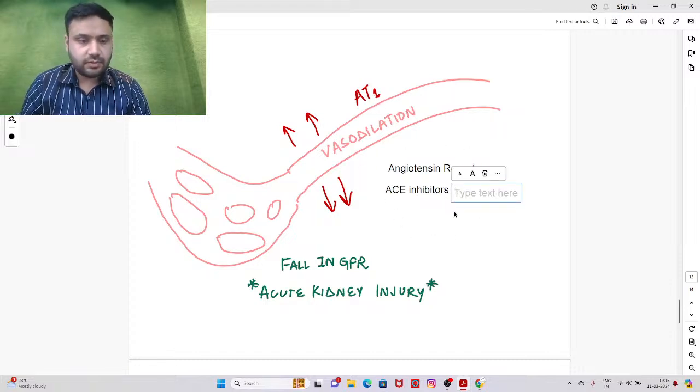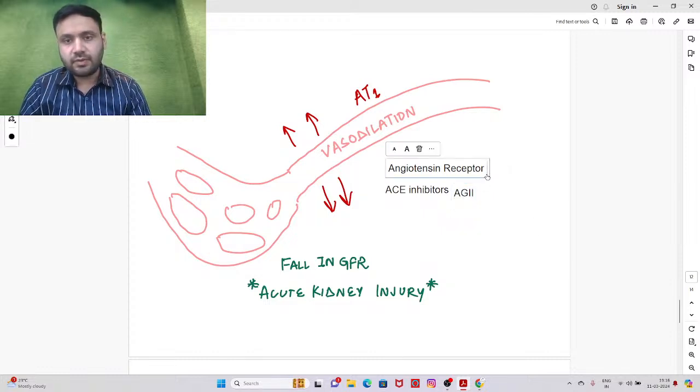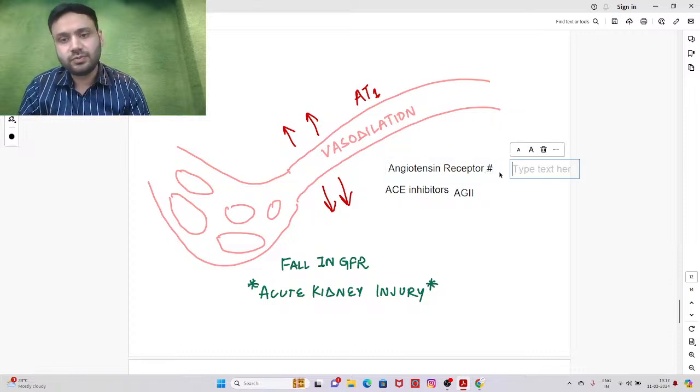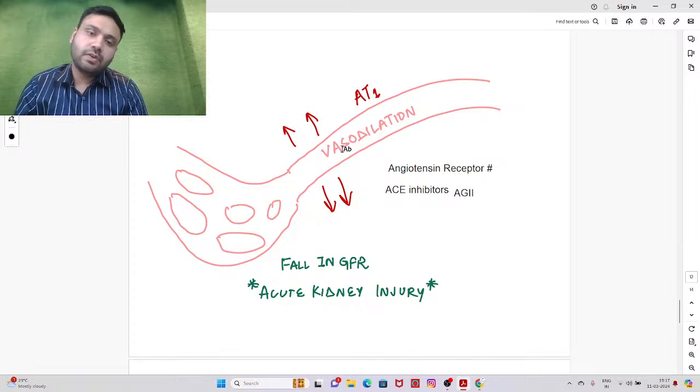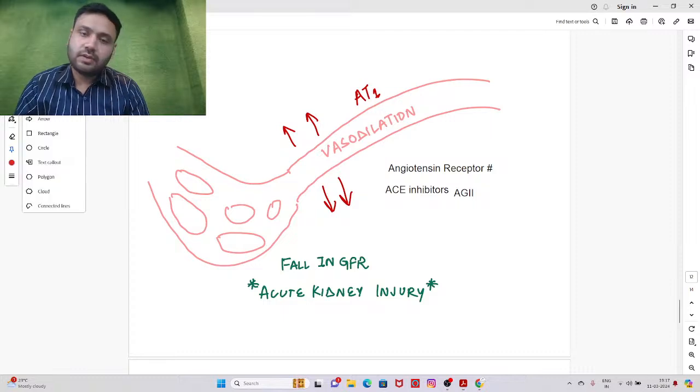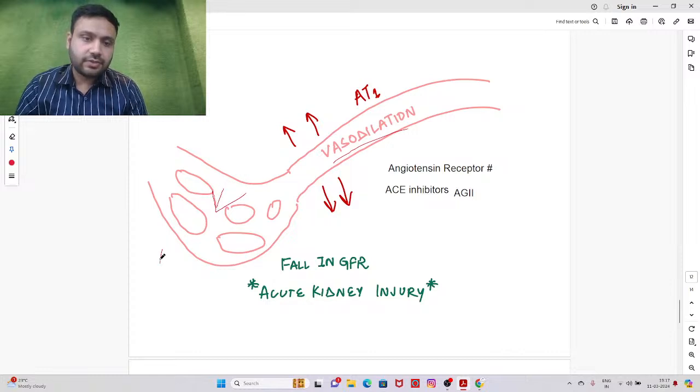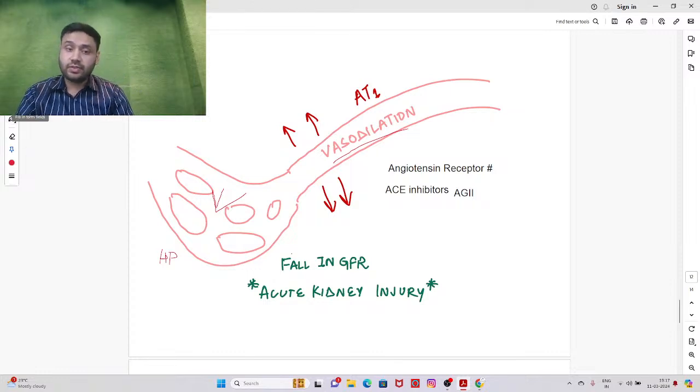These ACE inhibitors decrease angiotensin 2, while the receptor blockers block the action of angiotensin 2. So what would it do? It will cause vasodilation. This vasodilation will decrease the hydrostatic pressure, which would give a positive effect on the kidneys in general.